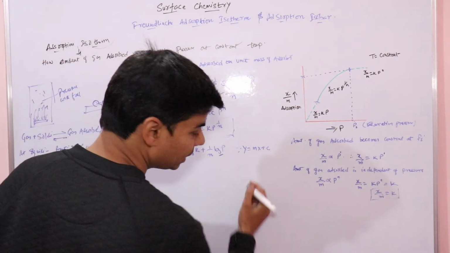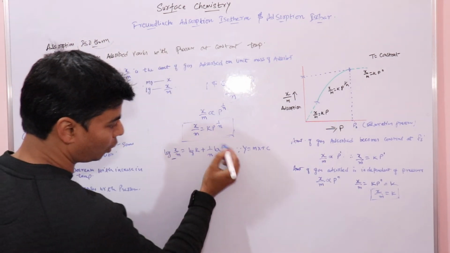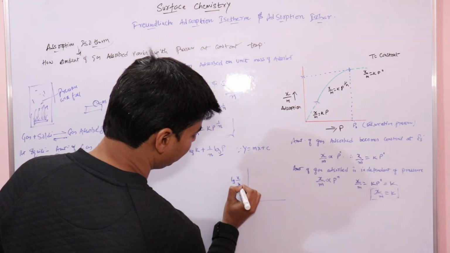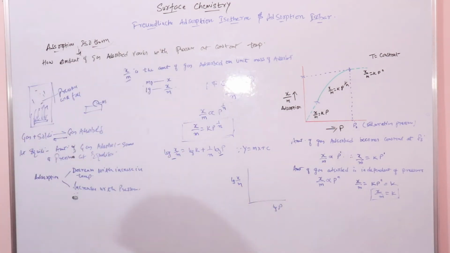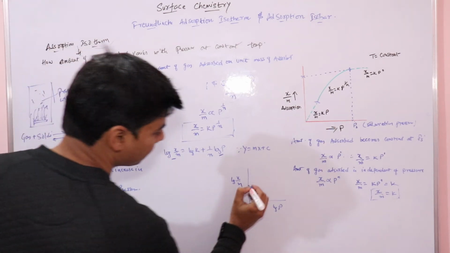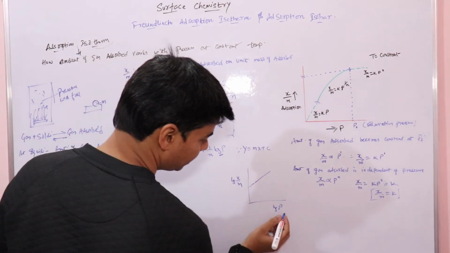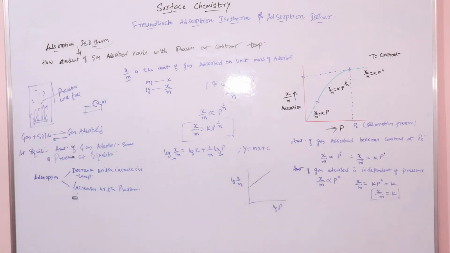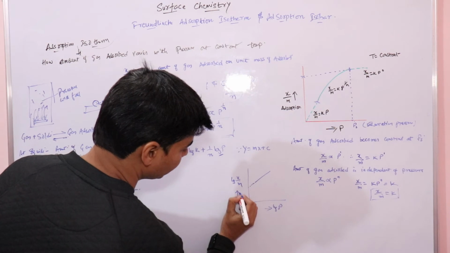It's been experimentally found that if you plot different values of log x upon m against log P, this is the kind of graph you get, a straight line. This is log P, and this is log x upon m.